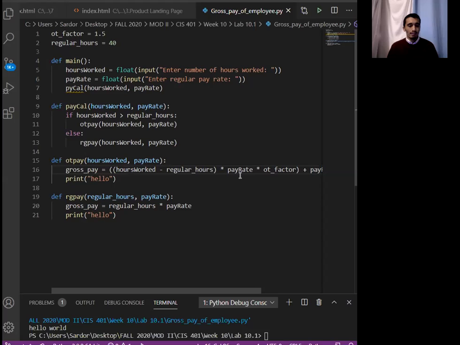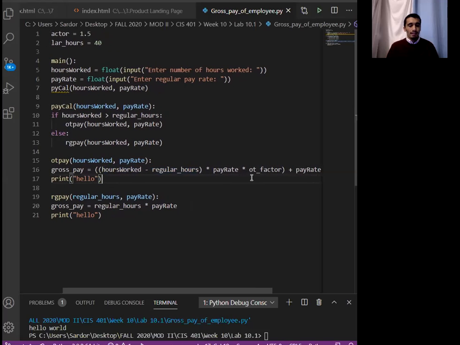All it's doing is taking hours. If the user puts more than 40 hours, let's say the user inputs 50 hours, all it's going to do is 50, the user's input, minus regular hours, which is 40. So 50 minus 40, which is 10. So that's what it's getting in this section, in this parentheses.